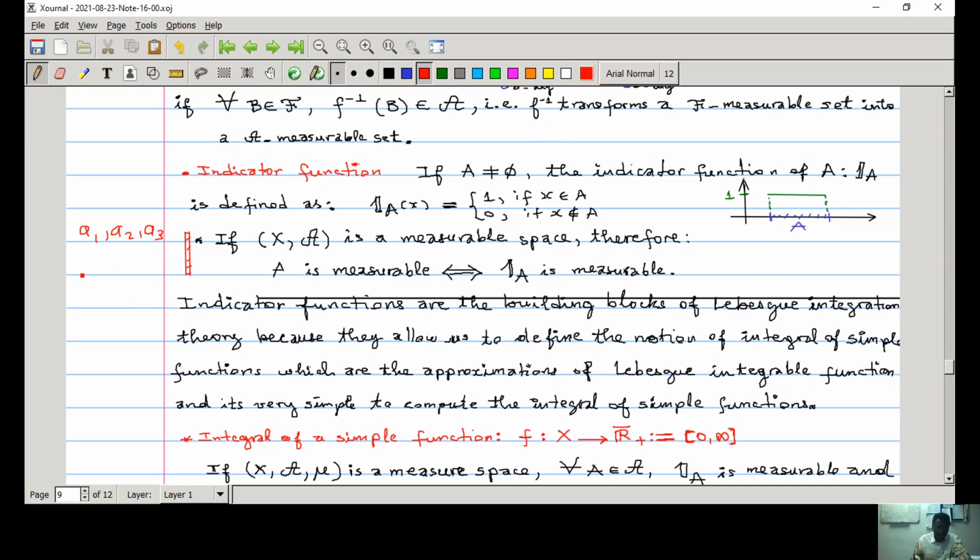So for a1, I compute the preimage of a1. Right. If f is measurable, in fact, a simple function is a measurable function. Now this one will be a measurable set, right? This one will be a certain A1.